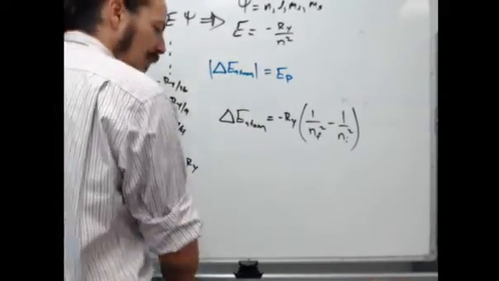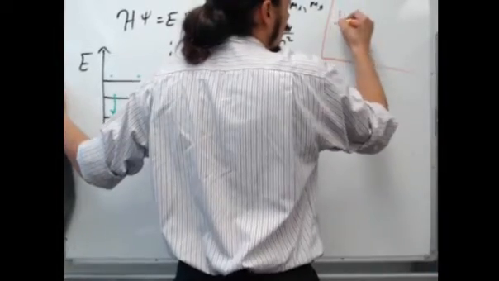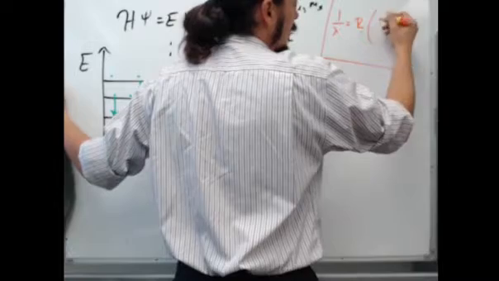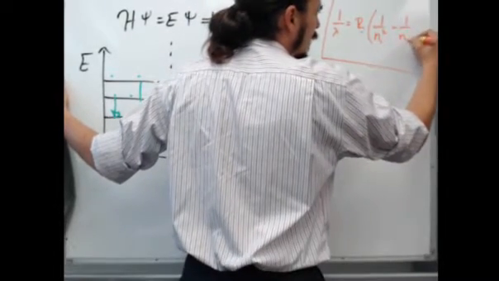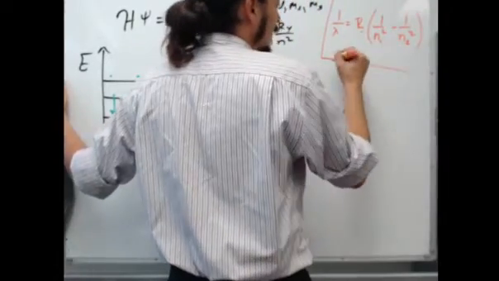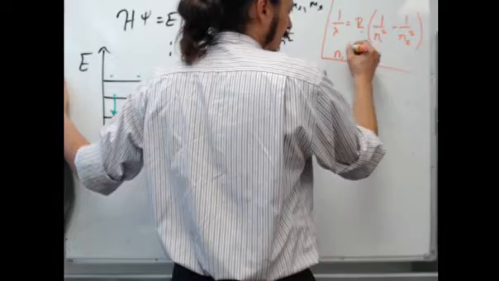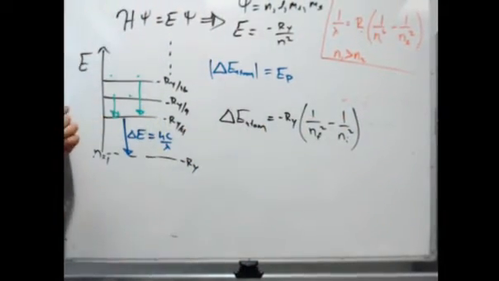If we wanted to do the Rydberg equation specifically for emission, you've got 1 over lambda equals R times (1 over n1 squared minus 1 over n2 squared), where they say n1 has to be greater than n2. Is that right?